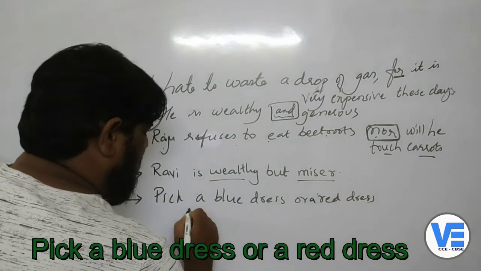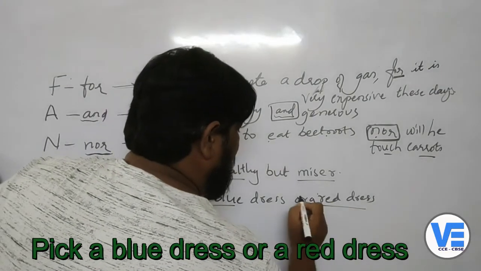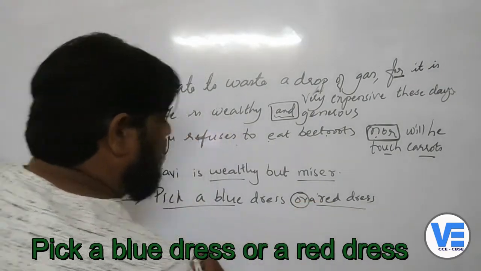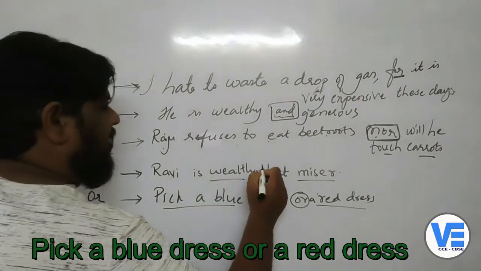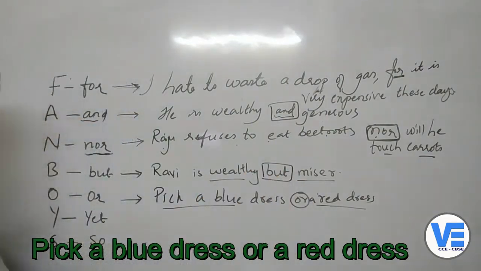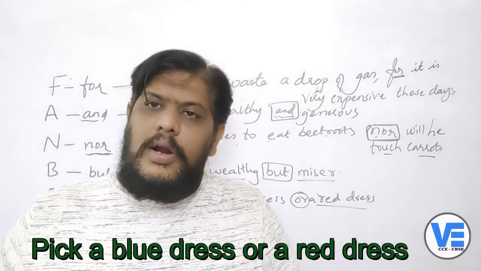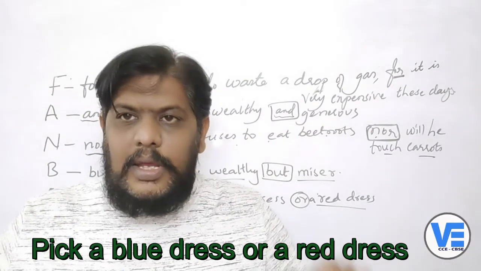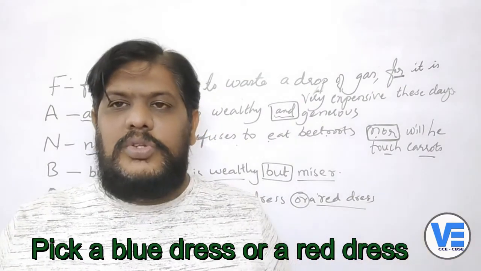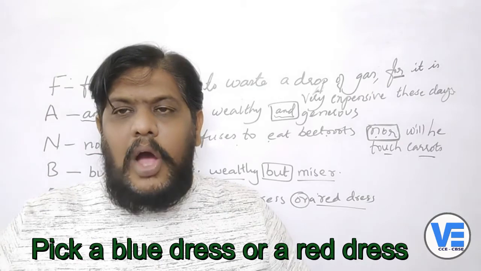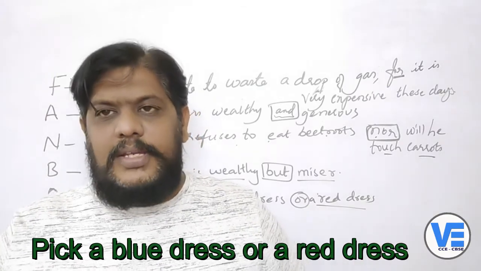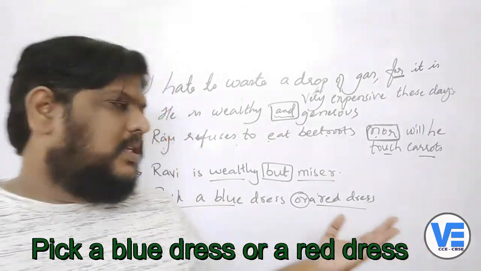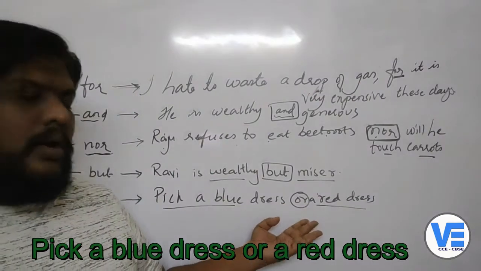What's happening here is, when you are given a choice, "or" is a conjunction which is used. You come to the party or stay at home. You come to the tour or you come to school. So "or" is used in the sense you are given a choice. When you are given a choice, you will be using the conjunction called "or".